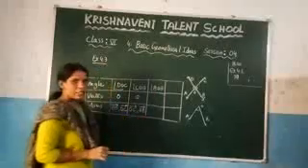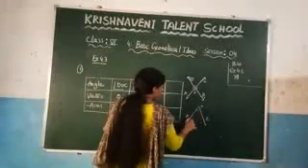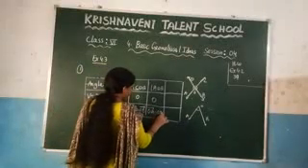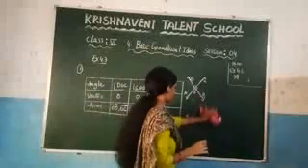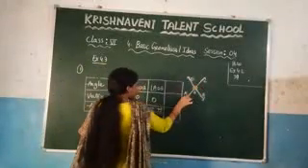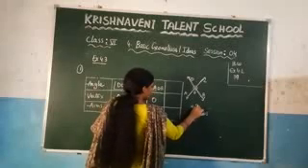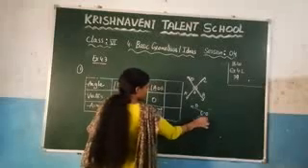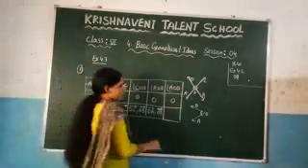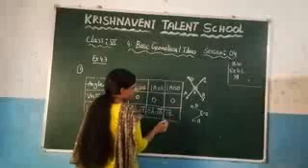Here the common vertex is O, and the arms are OD and OA.